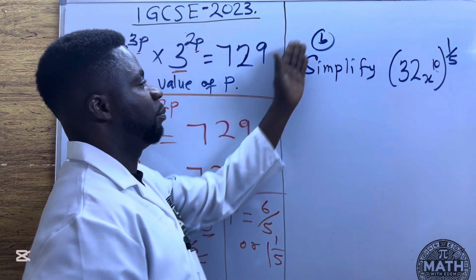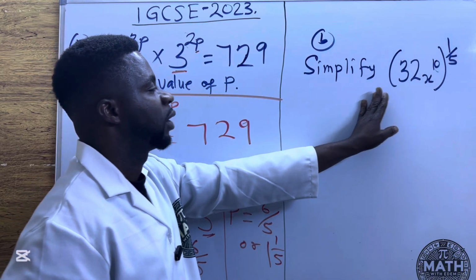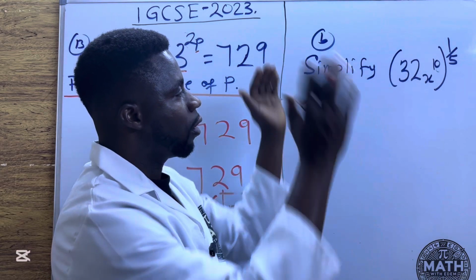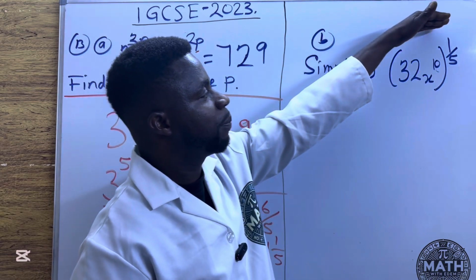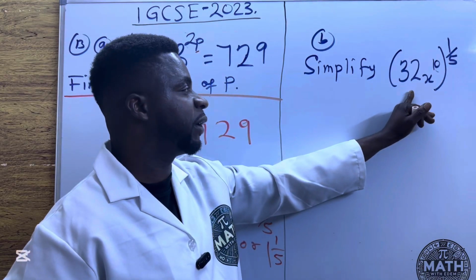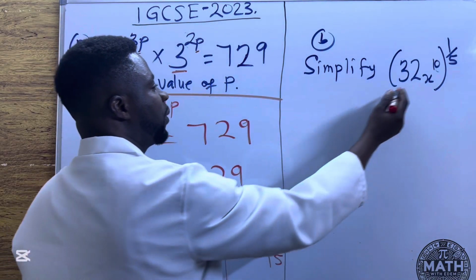Okay, now let's look at b. It says simplify 32x to the power 10, all in a bracket, to the power 1/5. We are going to simplify this. So I'm copying the same question.